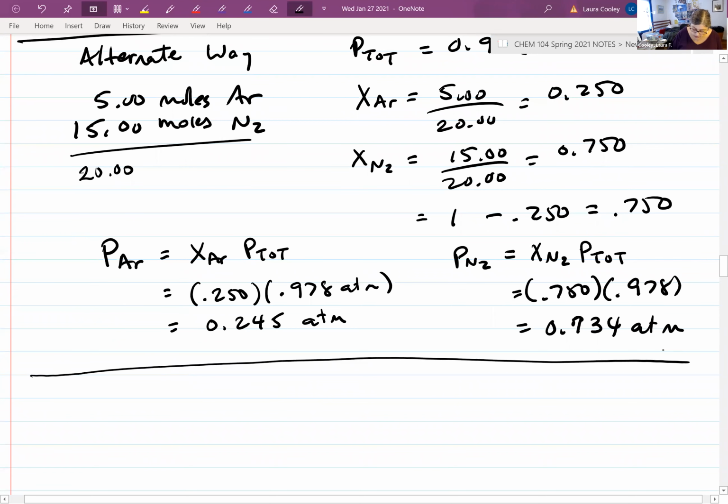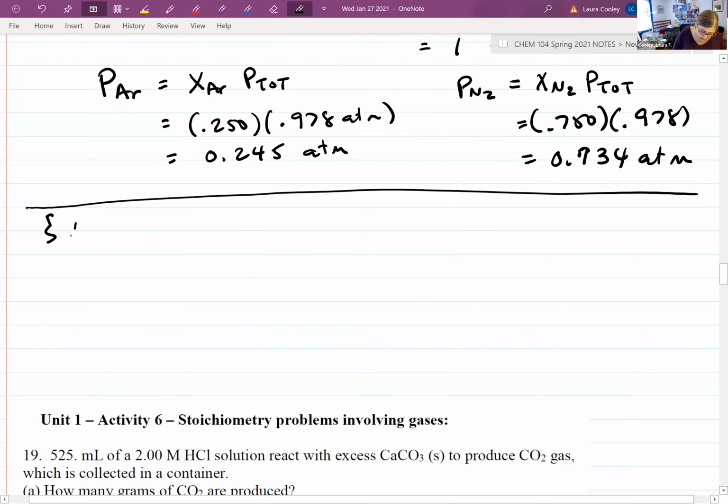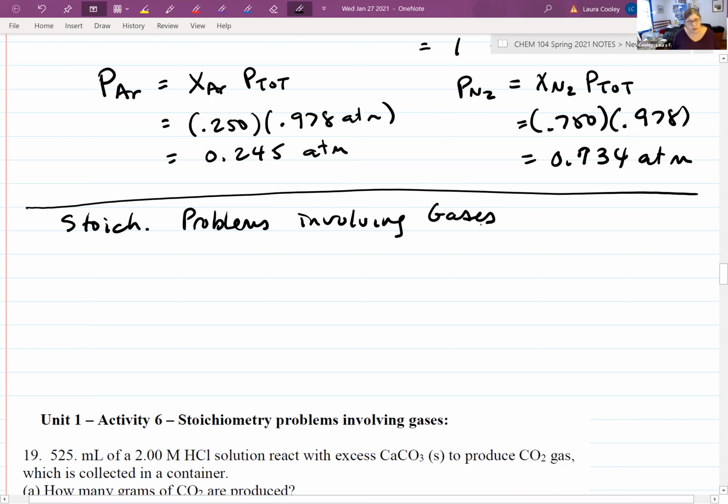What I'd like to do now is take a look at stoichiometry problems involving gases. Of course, we have gases involved in many chemical reactions. They can be involved as reactants, as products, or both.